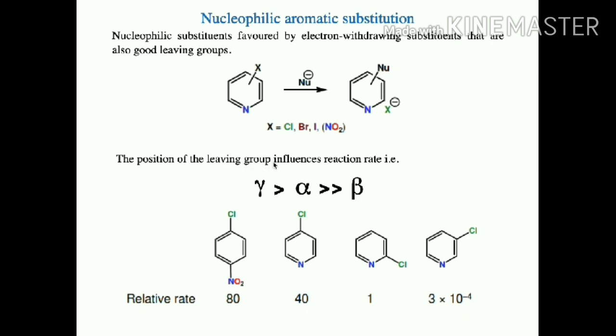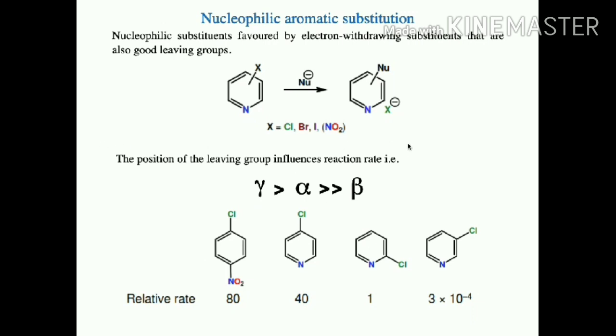The position of the leaving group influences the rate. So where that leaving group is present also matters in the case of pyridine. If it is in the fourth position, the relative rate of leaving is more compared to the second position, and it is least in the case of third. Okay, so this is the relative rate of leaving group.